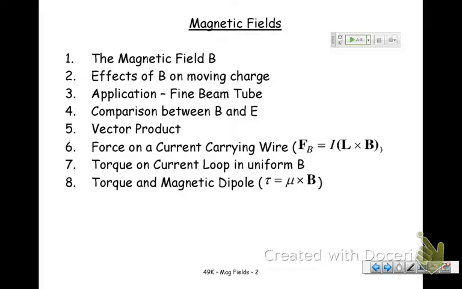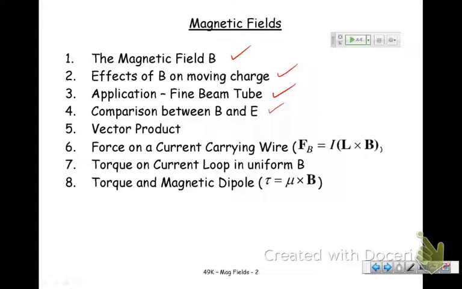In this lecture we're going to talk about just the idea of a magnetic field, and then we'll talk about the effects of B on a moving charge, and then the application of the fine beam tube, and a comparison between magnetic field and electric field.